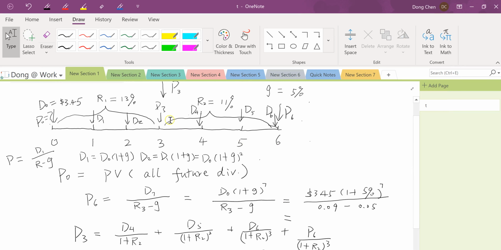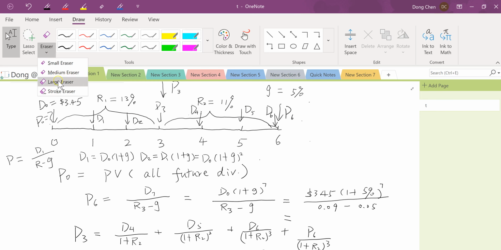So now you see, with this P3, following similar logic to what I did for P6, I can get rid of all future cash flows, because this P3 succinctly summarizes all future cash flow information and all future discount rate information.